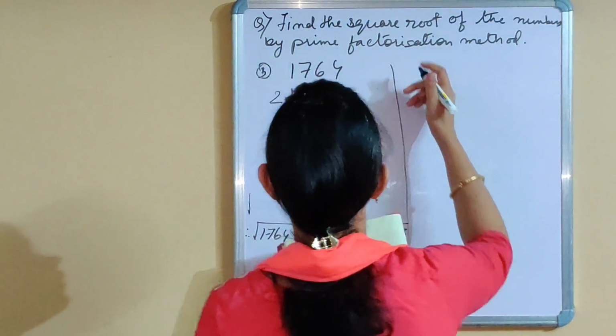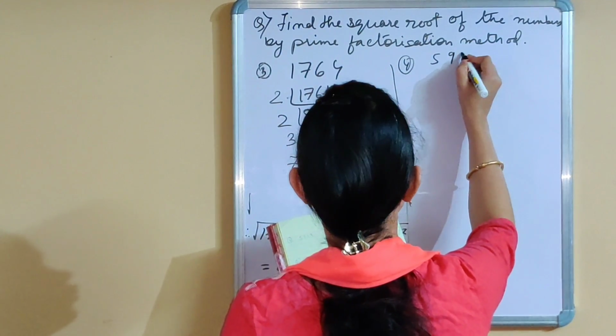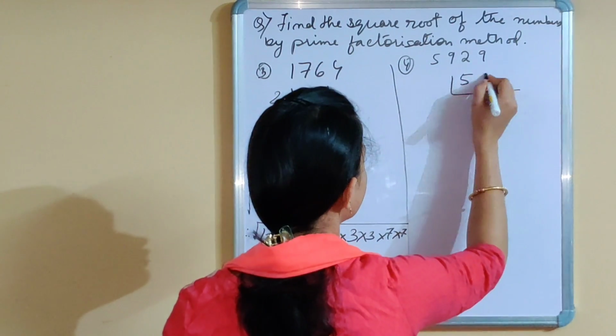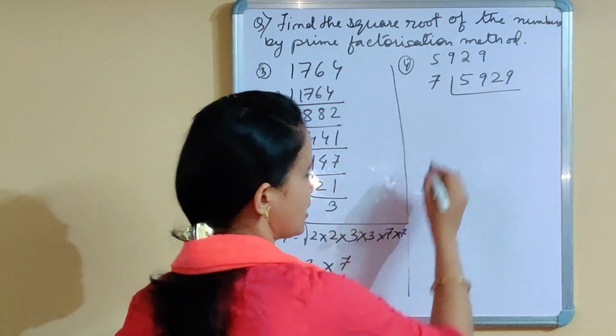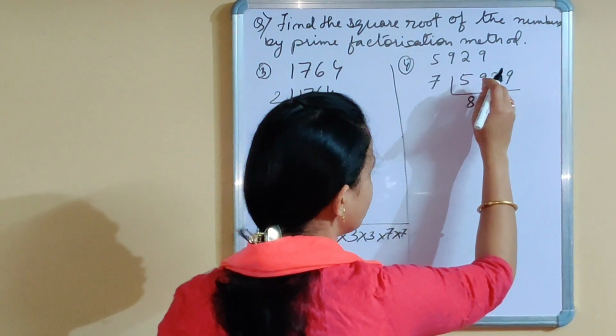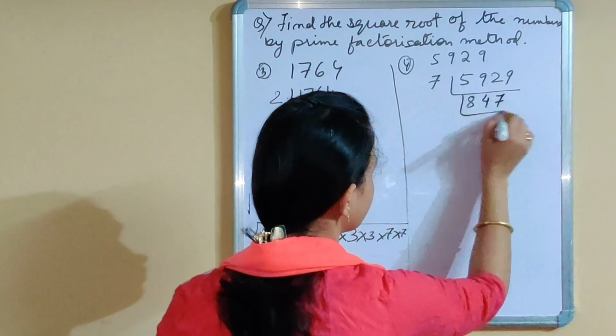Last one problem of prime factorization: 5929. Let me give it here 7. 7 8s are 56, it will be 32. 4 7s are 28, 49, 7.